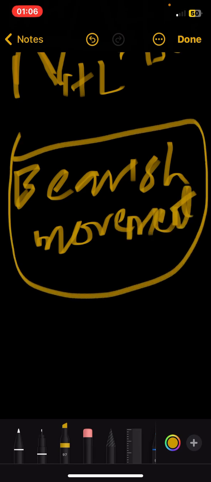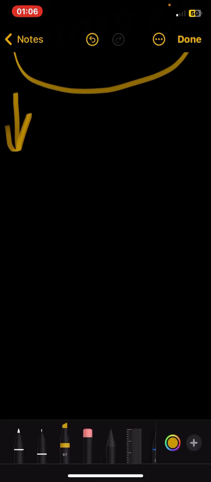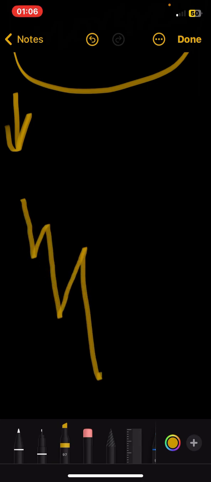A bearish movement signifies a downtrend, meaning that the market is moving downward. So now how do we identify this? That is where you see the market moves down, pulls up, moves down, pulls up, moves down.